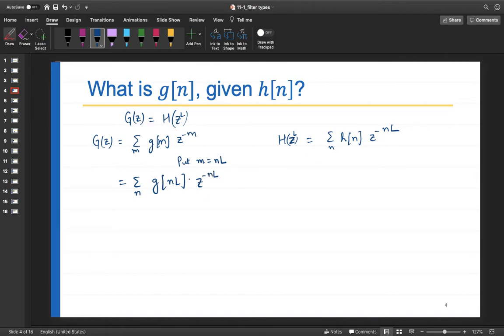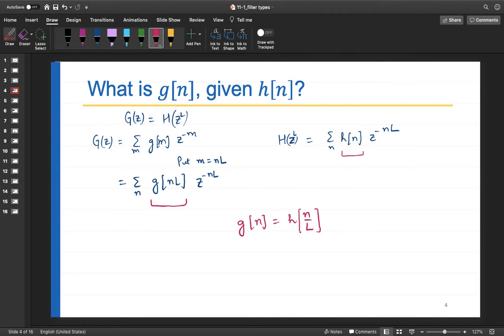Now if you compare the two terms, the left hand side and right hand side, they are equal. If I compare them, then what do I get? That this term and this term should also be the same. So basically I get g[nL] is equal to h[n].